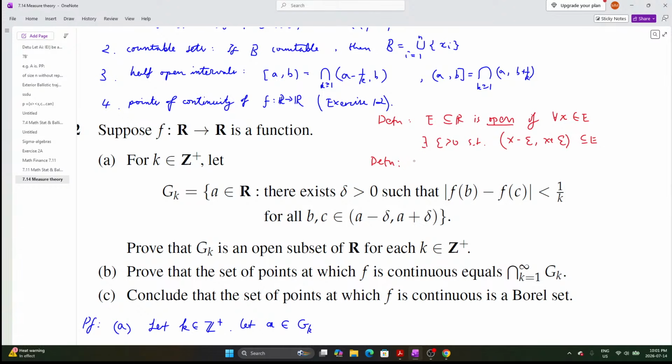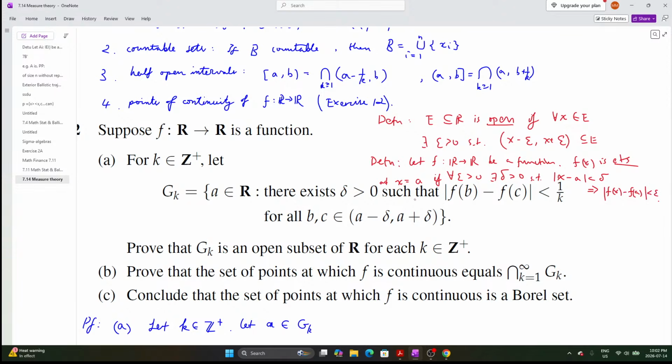Okay, so let f from R to R be a function. f of x is continuous at x equals a if for every epsilon greater than 0 there exists a delta greater than 0 such that absolute value of x minus a less than delta implies absolute value of f of x minus f of a is less than epsilon.